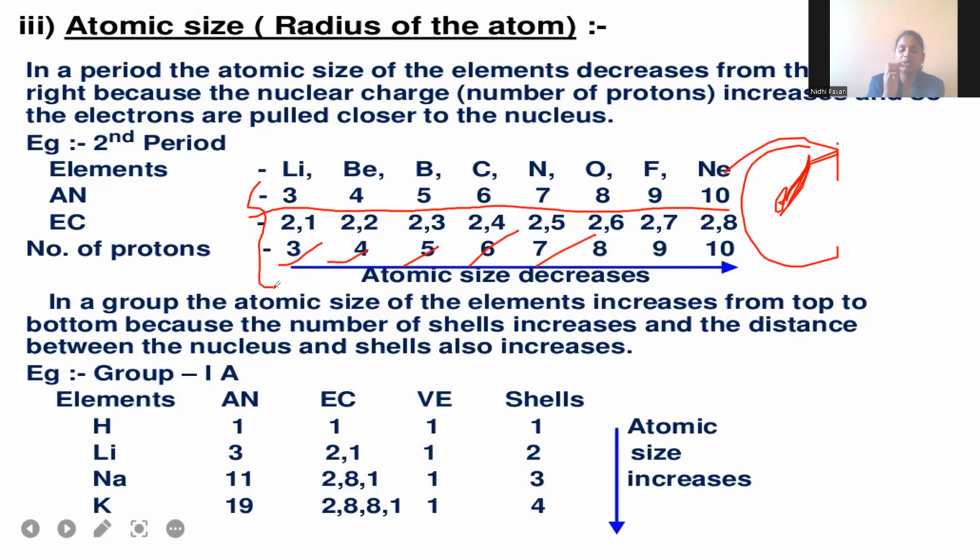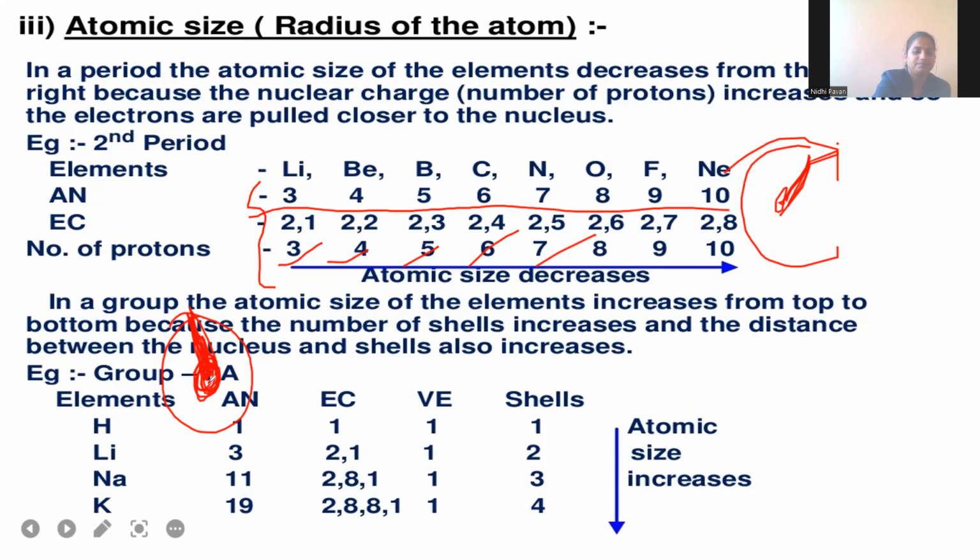So as the number of protons increases, what happens there? The force between the electrons and the protons inside the nucleus will be more. That force, this proton pulls these electrons towards it. That is why the size of the atom along the period decreases.